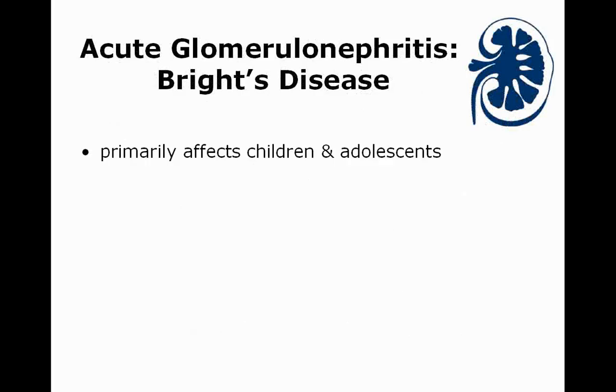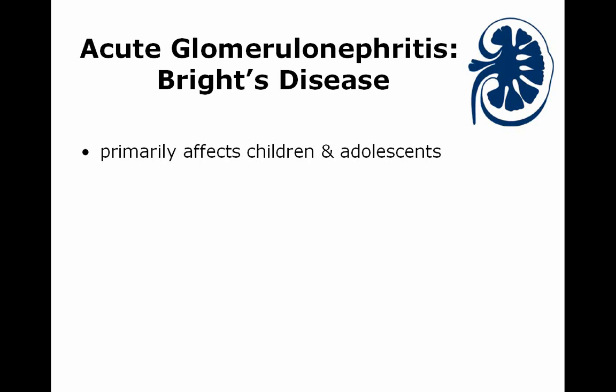The first condition to talk about is acute glomerulonephritis. And let me just go back a couple pages in the chapter to look at the normal structure of the kidney. In the lower picture on page 517 is the nephron, made up of the glomerulus.